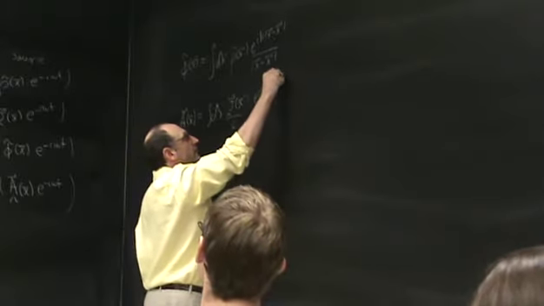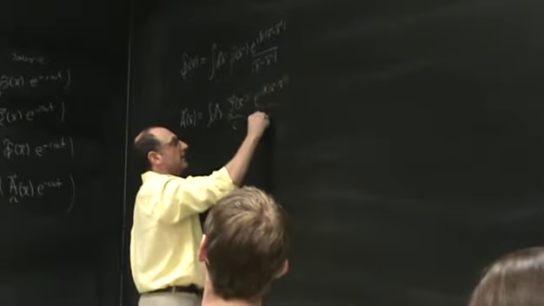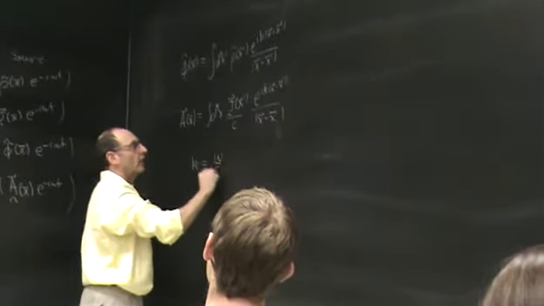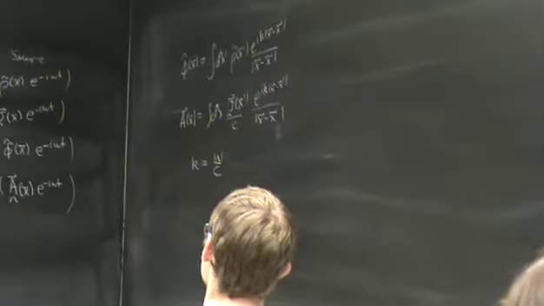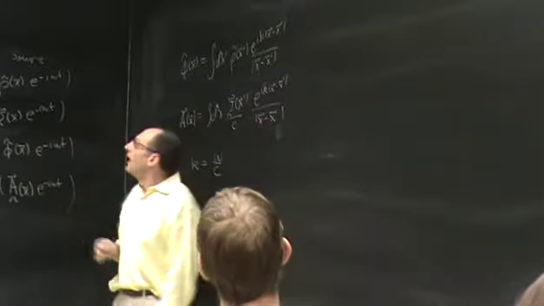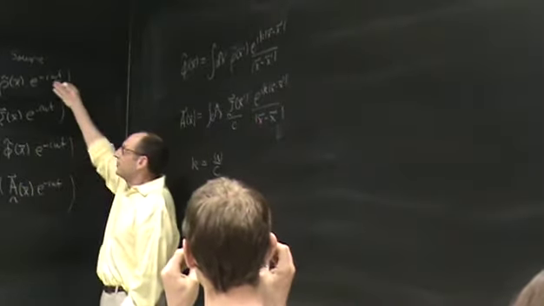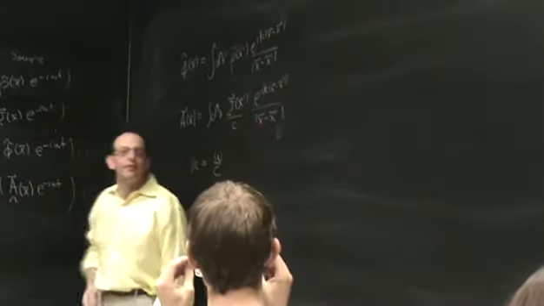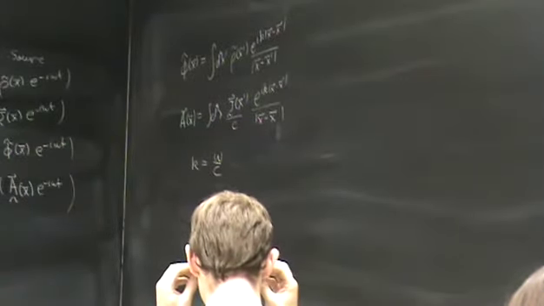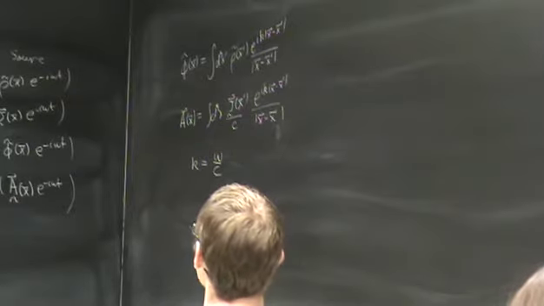Where I have used the shorthand here that k is equal to omega over c. All right? So at this point, we've made no approximations other than the assumption, which is not an approximation, that the sources have this form. This is the exact solution at this point for this kind of source.